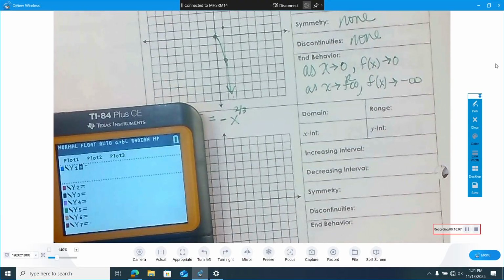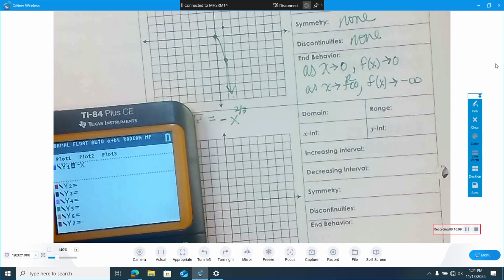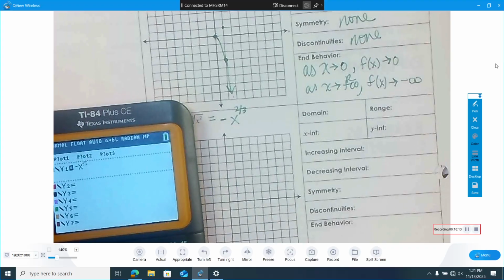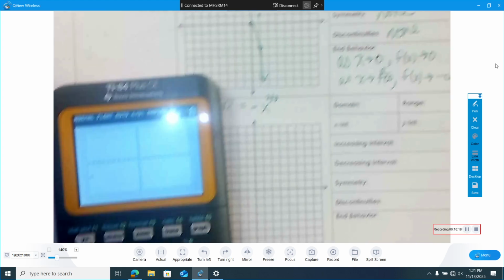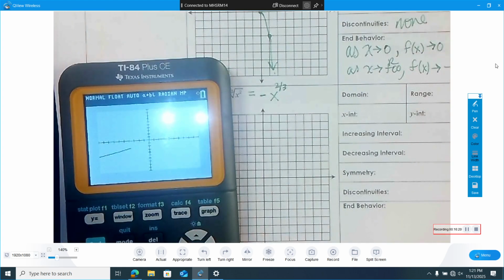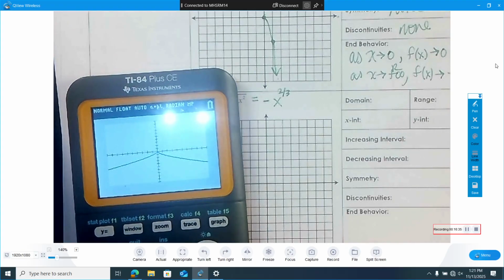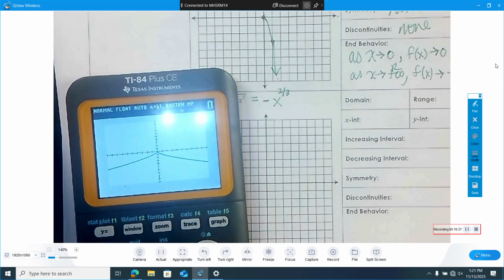So we have the negative and we have x to the, well, this is a real interesting one. 2/3. It's weird, huh? So what I want to talk about is what's happening here, because I think it's really quite interesting.